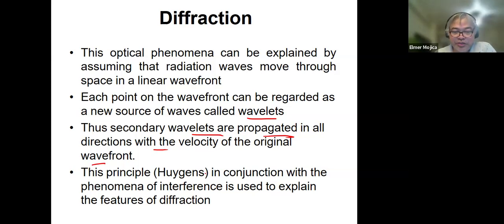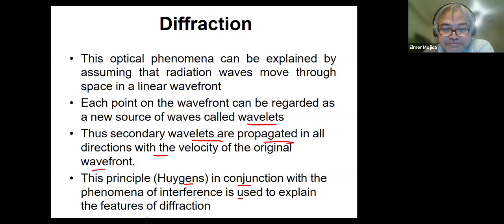And this principle, the Huygens principle, in conjunction with the phenomenon of interference, is used to explain the features of what we call diffraction. Okay, so diffraction is just the phenomenon that happens when waves encounter an obstacle or pass through a small opening that causes them to spread out or create a pattern of either bending or in some way interference.